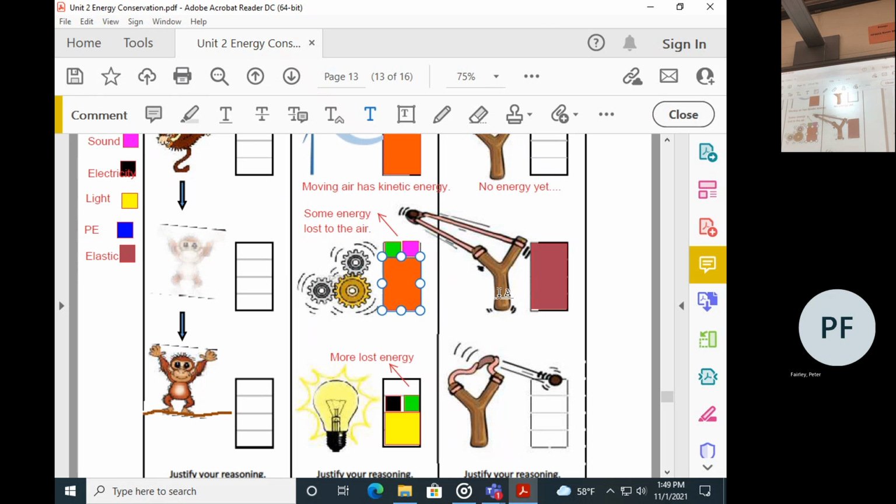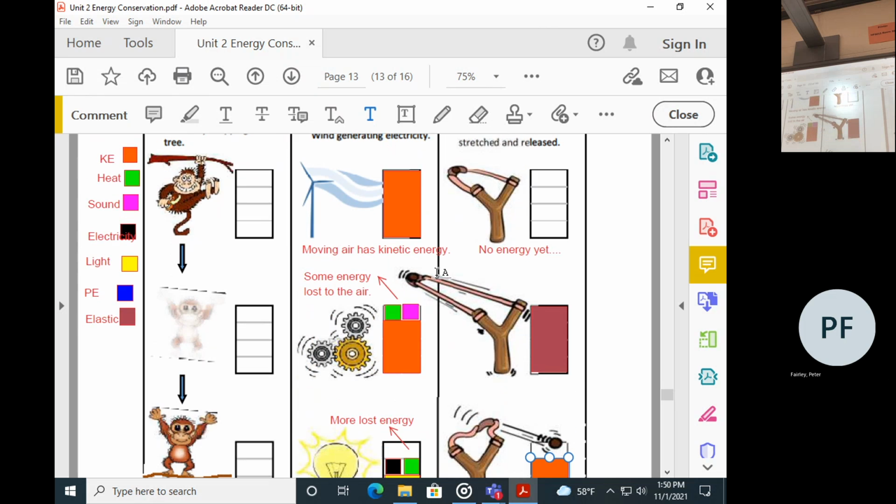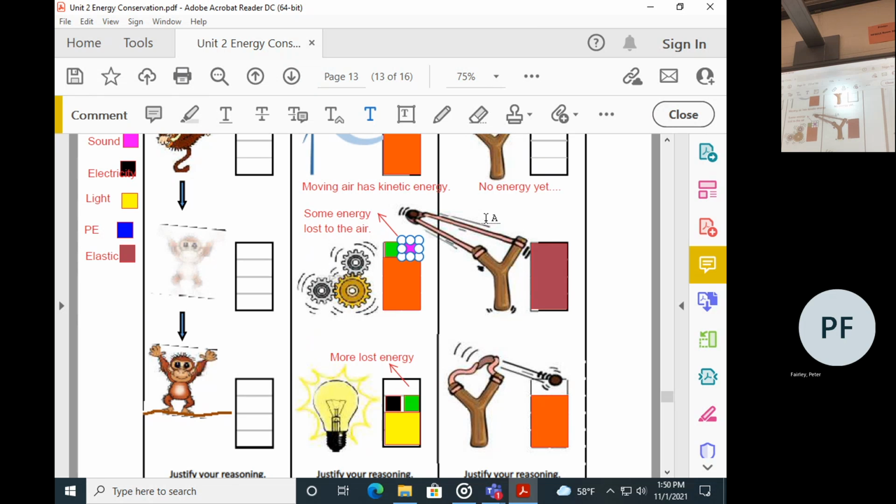Do you think it was 100% efficient? No, that's impossible. So here's some kinetic energy. Let's see, what kind of energy was lost? Sound. What else was lost? Yeah, and heat. As usual.